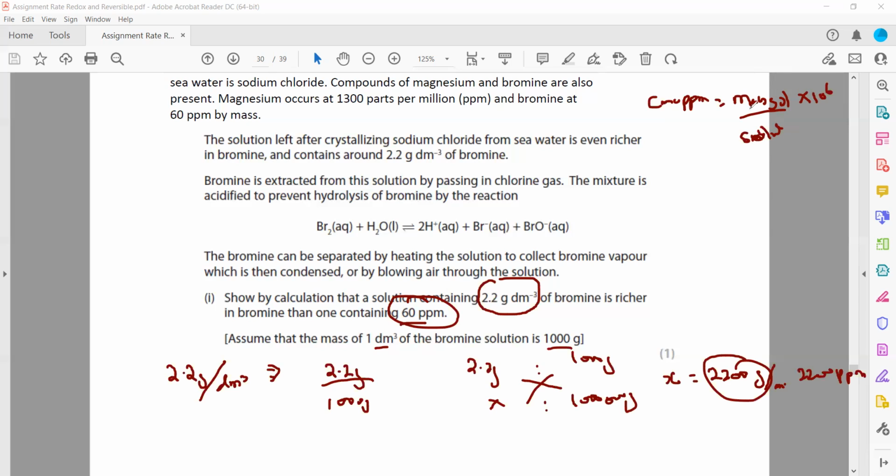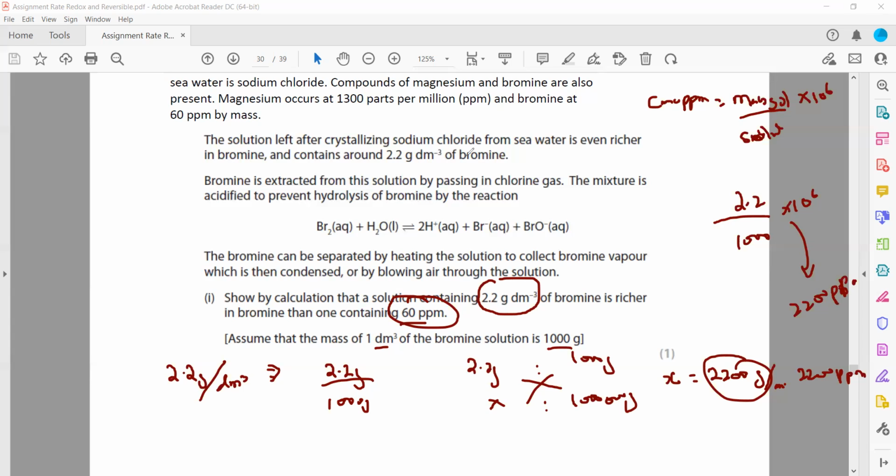So we have 2.2 divided by 1000, and then we multiply by 1 million, so we get the concentration in ppm, which is 2200 ppm. So the concentration of 2.2 gram per dm cube means it is 2200 parts per million, which is obviously more than 60 parts per million.